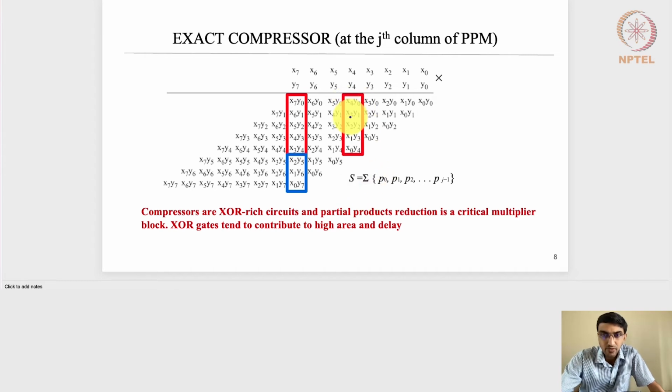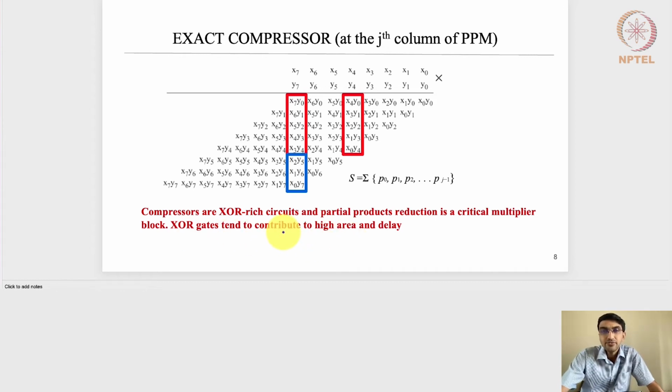So ultimately, what we want is, if I want to create a sum of this, it is nothing but the summation of this partial product, this, this, and this. So it is the partial product summation starting from 0 to j minus 1 in the jth column. So the compressors are XOR rich circuits, and partial products reduction is critical in a multiplier. XOR gates tend to contribute to the higher area and delay.